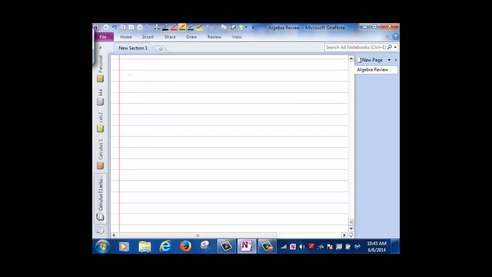Here's another example. Let's say I have the function g of x equals the root of x minus 2.